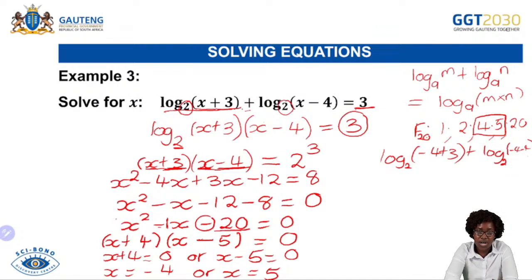And if you check on your calculator, I'm sure grade 11s, you'll be able to get the solution, which is 3. I hope you are following that with me, grade 11s.